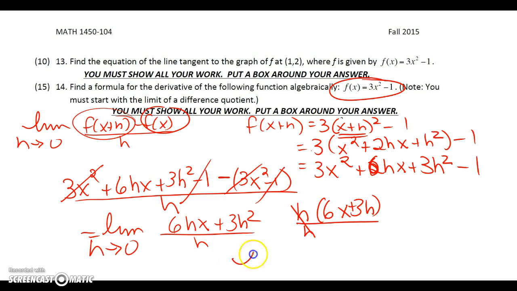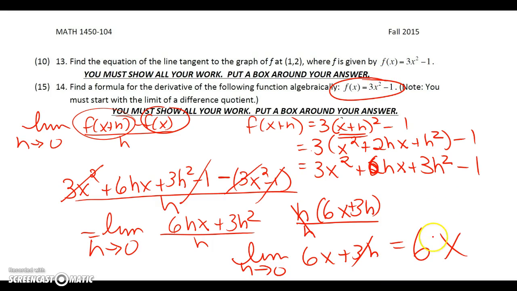H goes away, so now I'm left with the limit as h goes to 0 of 6x plus 3h. Substitute in, that becomes 0, 6x. So, the formula for the derivative of this function is 6x. Then I'm going to say that's f prime. If you went back and did this the short way, 3x squared minus 1, right? Isn't my derivative 6x? So we got it to work.